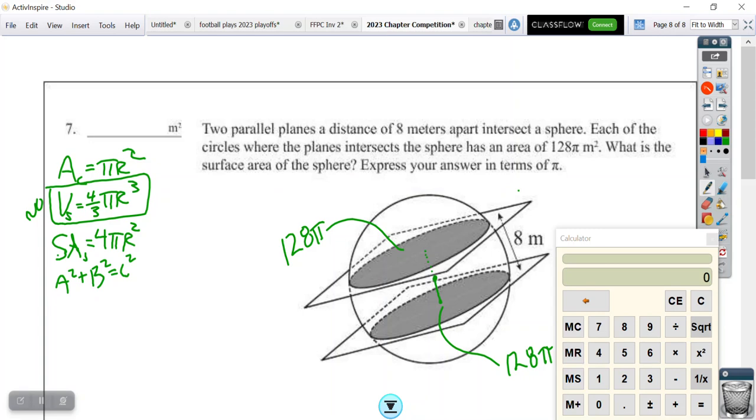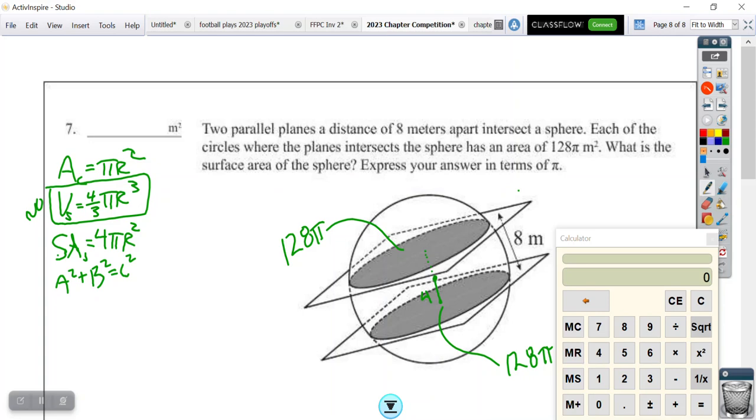All right, so if the two planes are 8 meters apart, what is the distance from this great circle to the center of the sphere? 4 meters. 4 meters, all right. That's helpful.